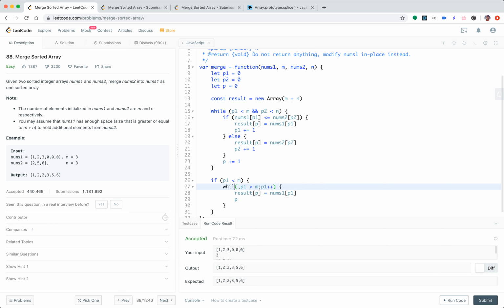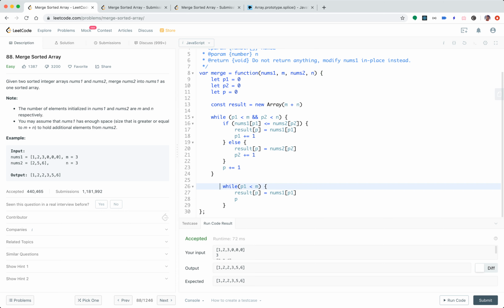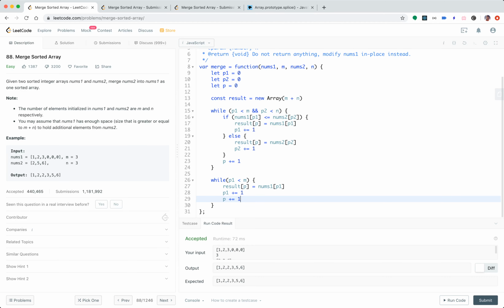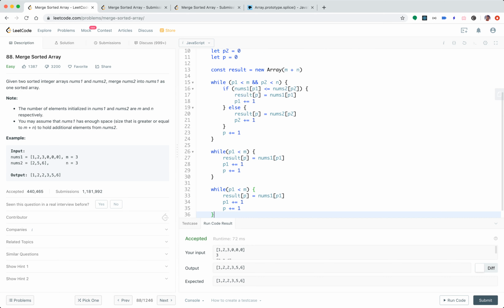We'll continue while p1 is smaller than m. There's no if check. p1 plus 1, p plus 1. This is the same for p2, but these were not conflicting. We have checked here. So nums2 p2, and finally we return result. This is the solution where we have a third array. Run answer. Oh yeah.